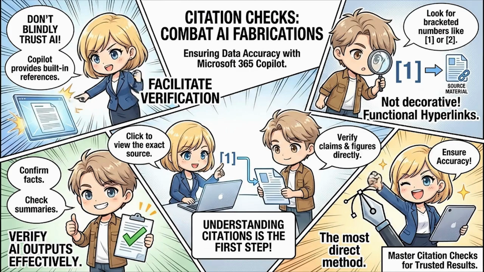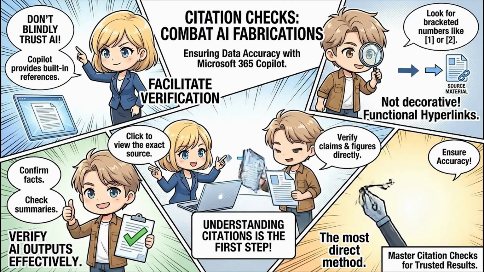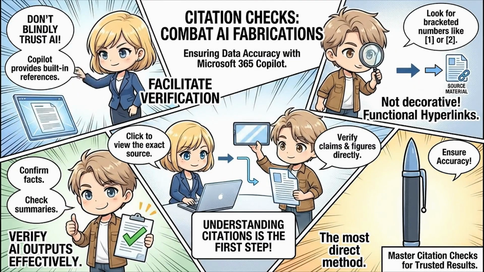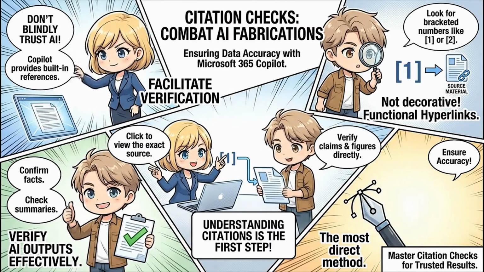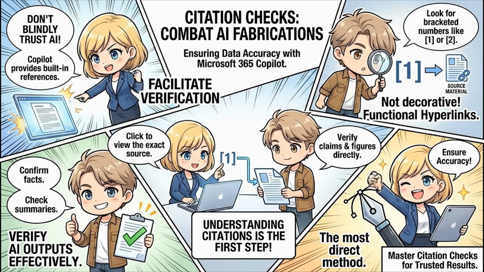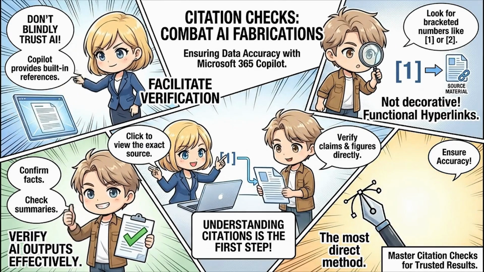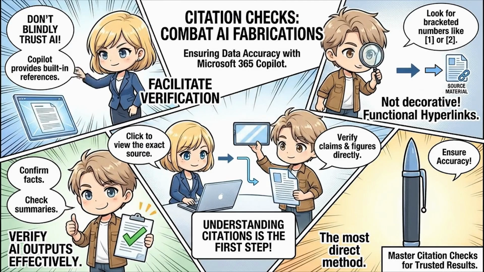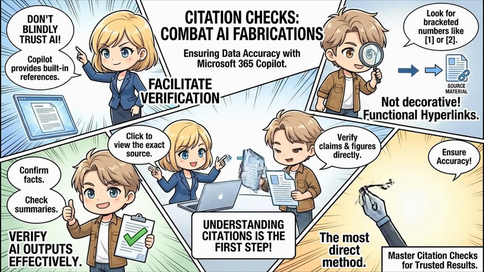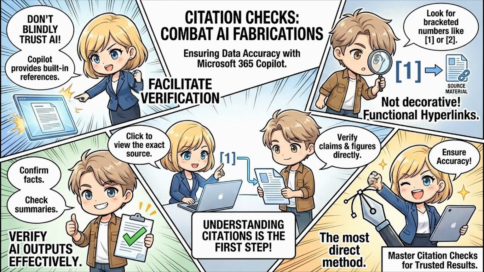Much like an academic paper, when Copilot makes a specific factual claim, quotes a figure, or summarizes a complex paragraph, it appends a small bracketed number, such as 1 or 2, immediately following the relevant text. These are not merely decorative, they are functional hyperlinks pointing directly to the exact source material the AI utilized. Understanding these citations is the first step toward verifying AI outputs effectively.